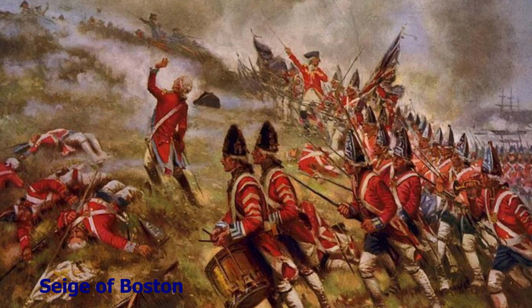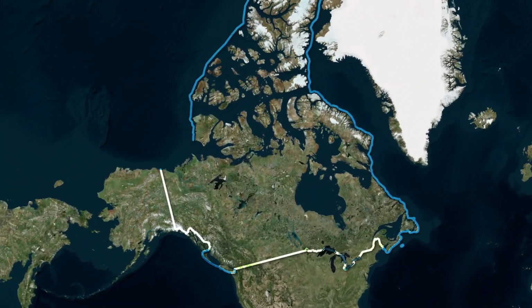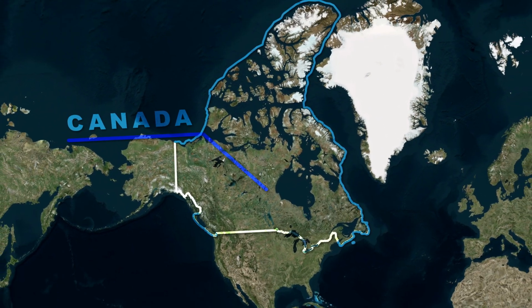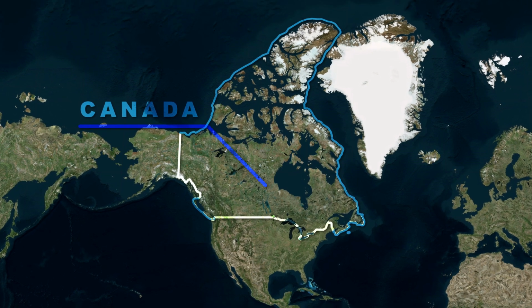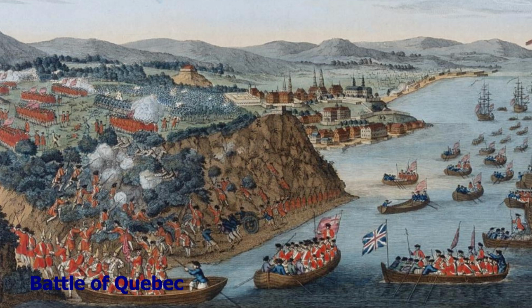After the siege of Boston, which ended in March 1776 with the British evacuation, the American forces gained a significant early victory. Meanwhile, an attempted invasion of Canada by the Americans, aimed at rallying Canadian support for the Revolution, ended in failure after a defeat at the Battle of Quebec in December 1775.